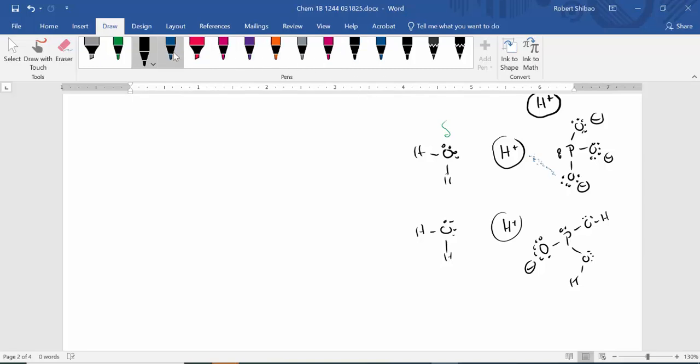So we think about the tug of war here. Water is going to have a harder time pulling the H plus from phosphate than it's going to have versus dihydrogen phosphate. Just based on the charge. And that's essentially what we're looking at here.